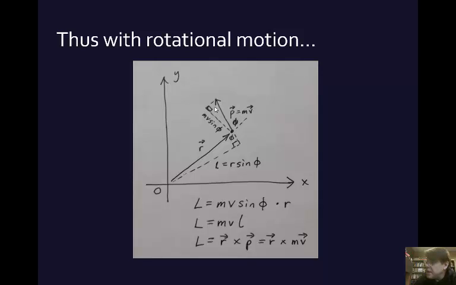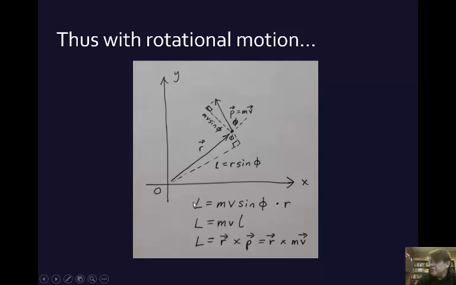So here again, if I multiply mv times the sine of phi, I'm going to get this length here, and if I multiply this length here times r, then I'm going to get mv sine phi times r equals, again, the same thing, L.